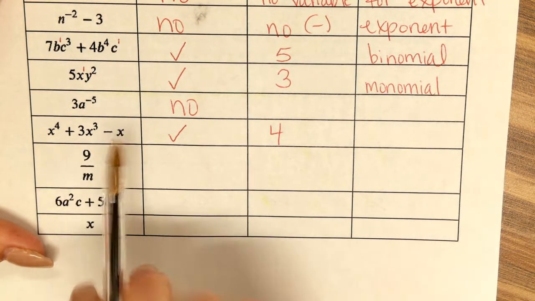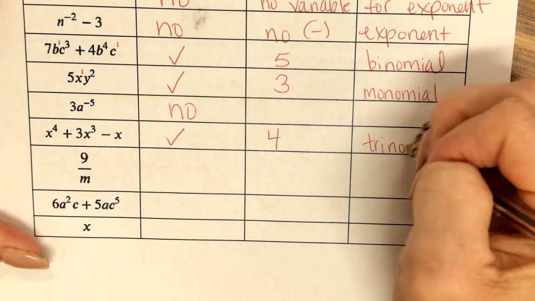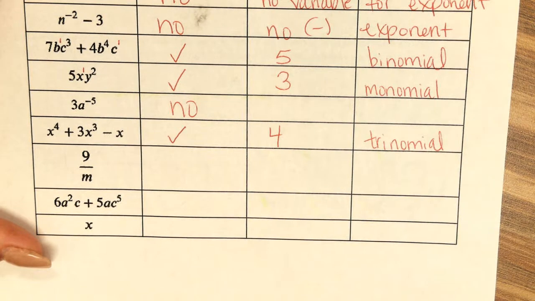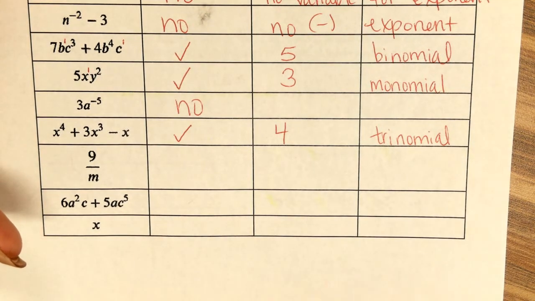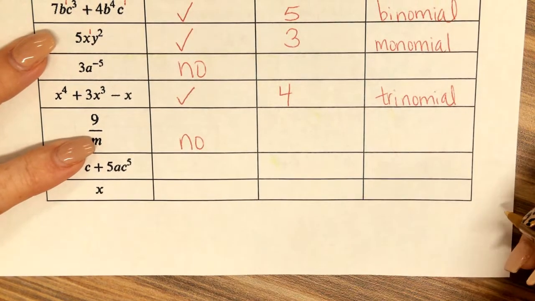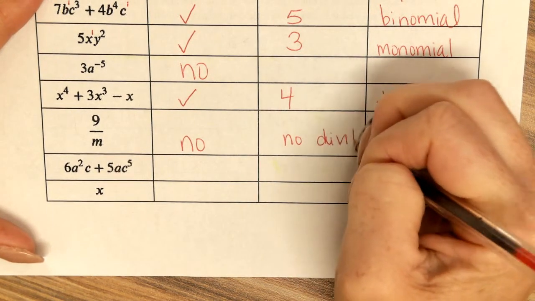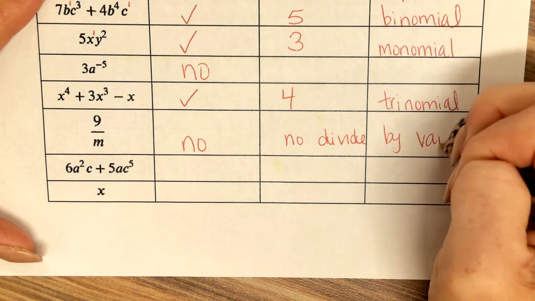How many terms are there? 3. So we call it a trinomial. This one. No, why not? No divided by. You can't divide by a variable.